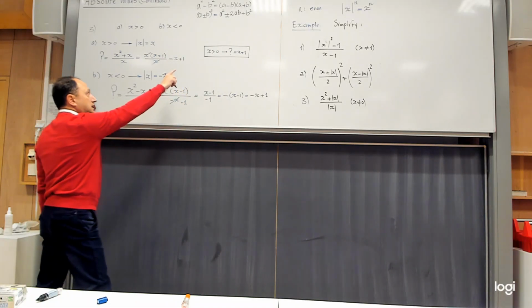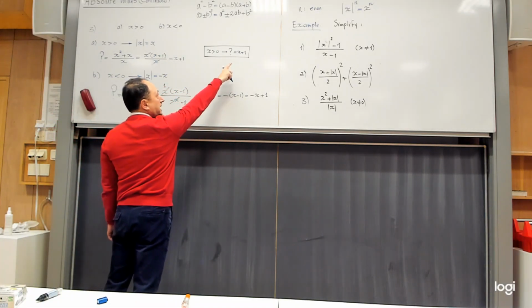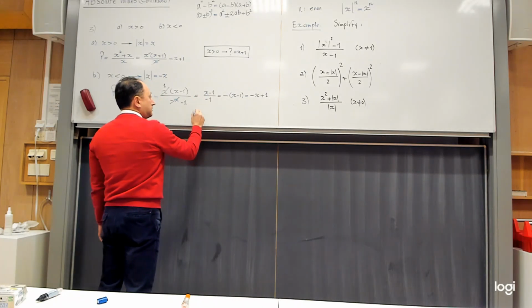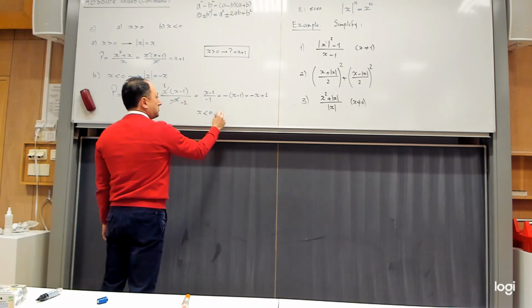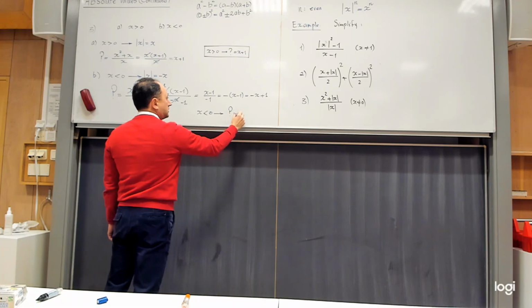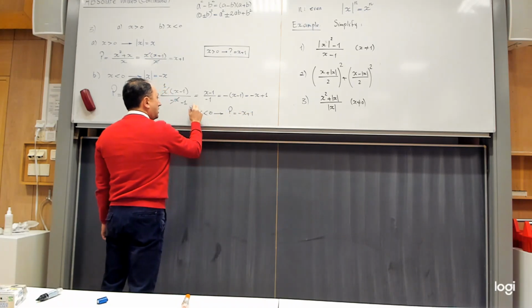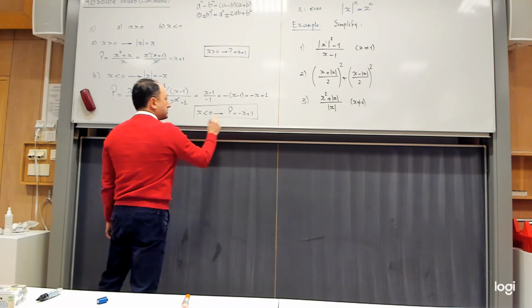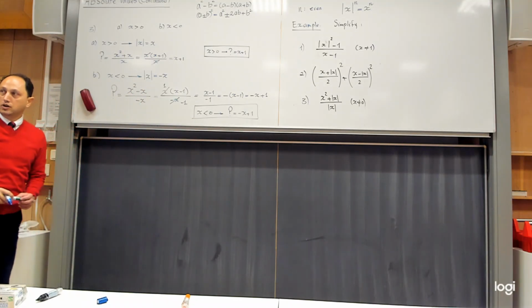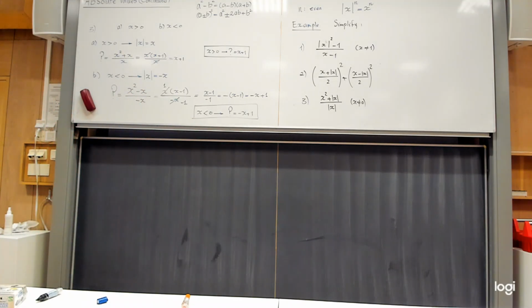So you can say that if x is positive, my answer is that. If x is negative, my answer is this. This is 100% true and right. This is not wrong, but I don't like it. The reason I mention it is because I want you to learn this skill as well.